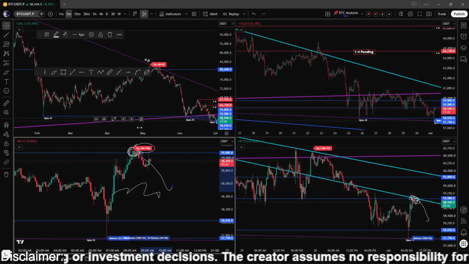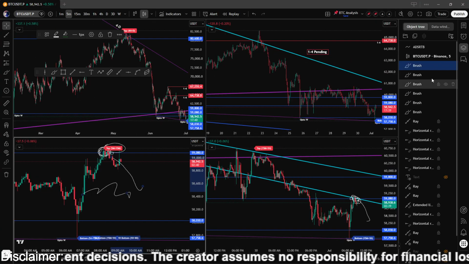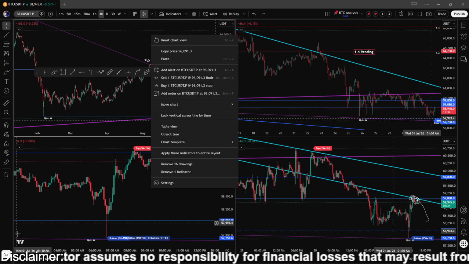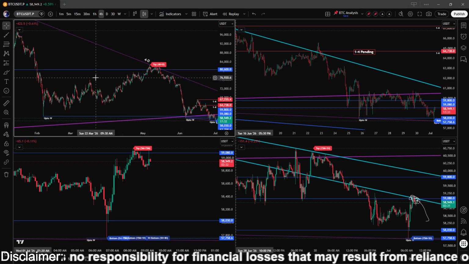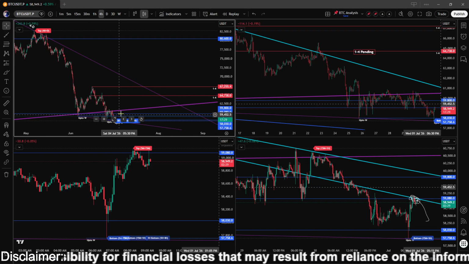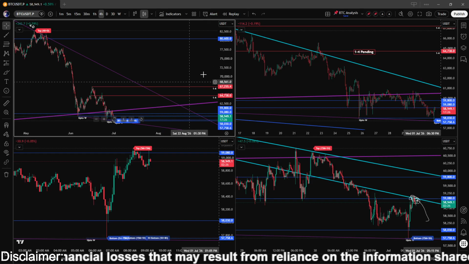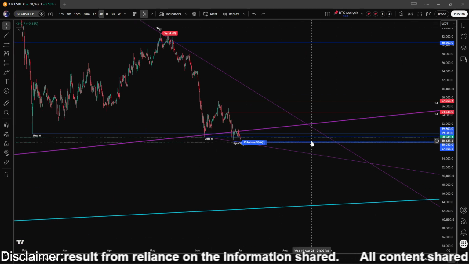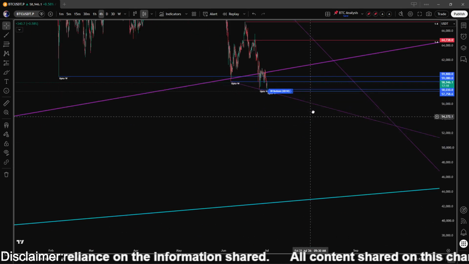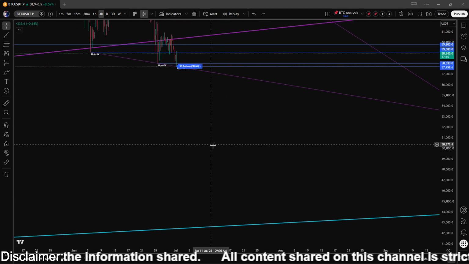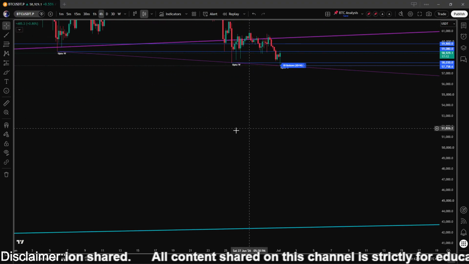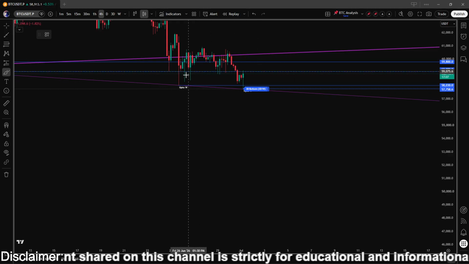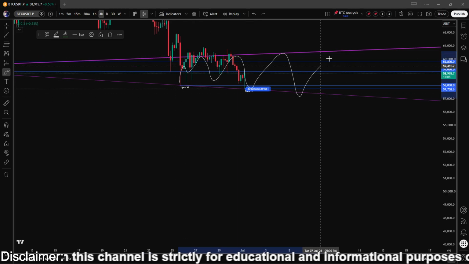This is all I have, and I hope these levels which I have explained, specifically the levels we have marked in the 4-hour time frame, will play a very important role in future price action with this BTC, because right now everything is happening within these levels.